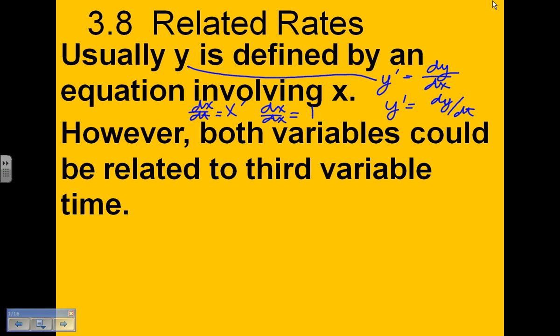See how dx/dt equals x prime? Why? Well, because dy/dt equals y prime. What's t? Time. This just tells somebody that x is changing. This means x is changing. This means that y is changing.